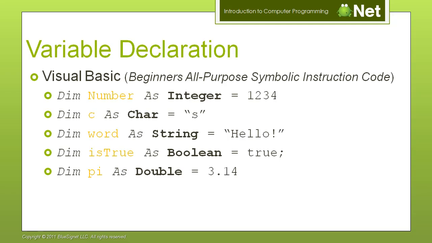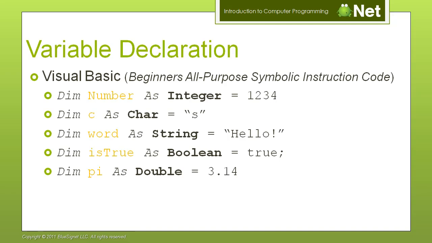Dim C as char equal to single quote. Well, I think it's double quote. Is it really? I think it's double quote in VB. Visual Basic, I hate you. Let me count the ways. Do a quick Google on Visual Basic char. Yep, you're right. So, as we were talking before with the single quote, not so much with VB.